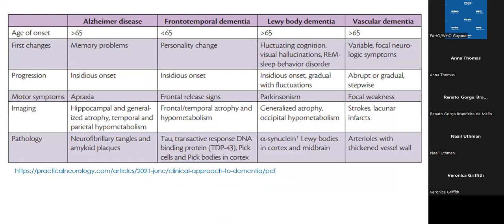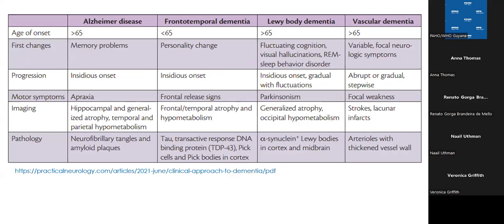So to distinguish these differentials is sometimes hard, especially during the early stages of the disease of dementia.